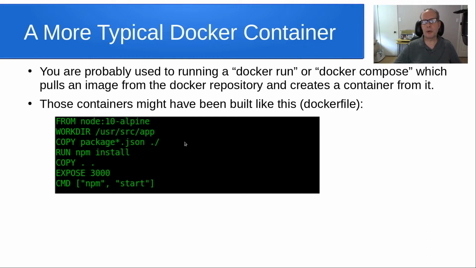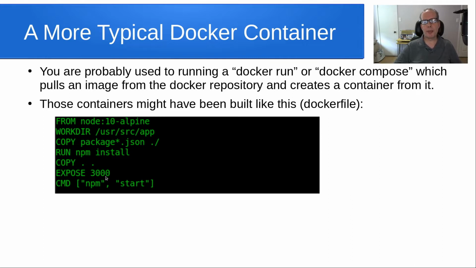Alpine is a very lightweight Linux distro, and it says in the working directory /usr/source/app, copy all the package files of type JSON over to the container, and then run the npm install, and then copy the results back into the container.